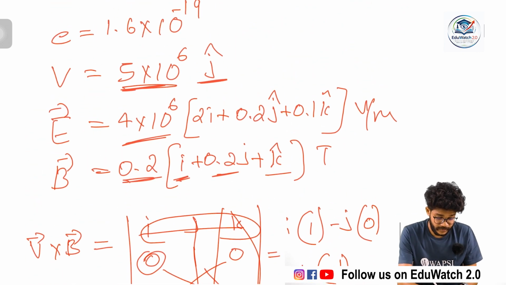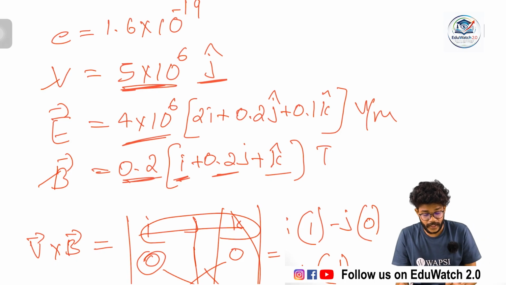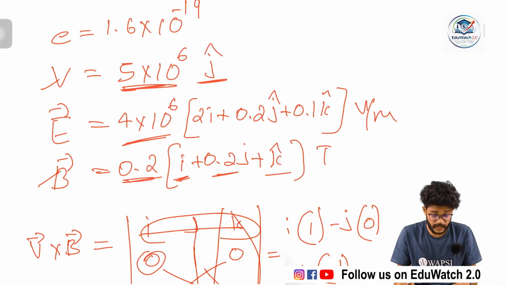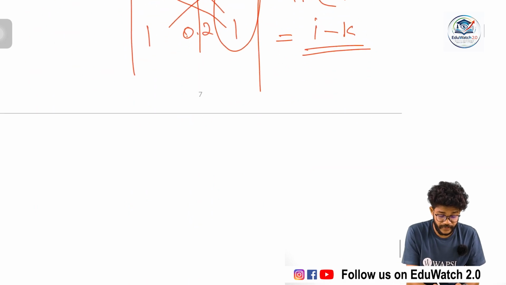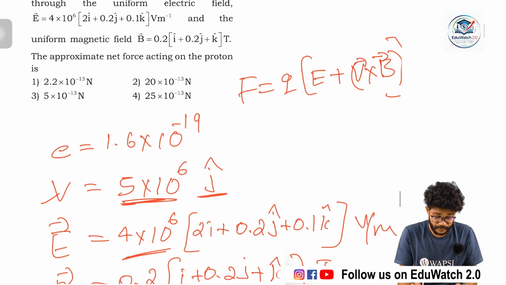V cross B. The magnitude is 5 into 10 raised to 6 and 0.2. So 0.2 into 5 is 1. So 1 into 10 raised to 6 is 10 raised to 6. So F is equal to q into, what is E?